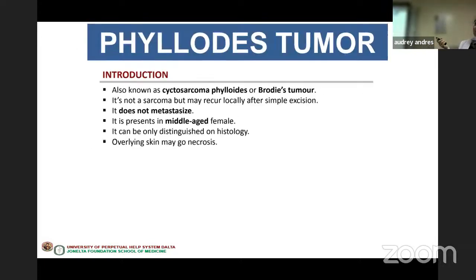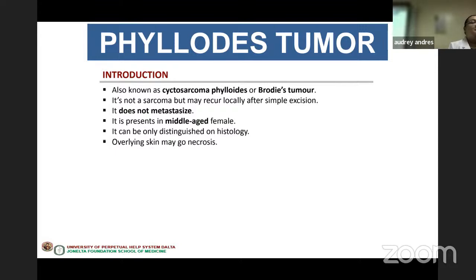Another benign tumor would be phyllodes tumor. As the name implies, it is leaf-like, also called cystosarcoma phyllodes or Brodie's tumor. Despite the name, it's not a sarcoma, it's not cancerous, but it recurs locally after simple excision.